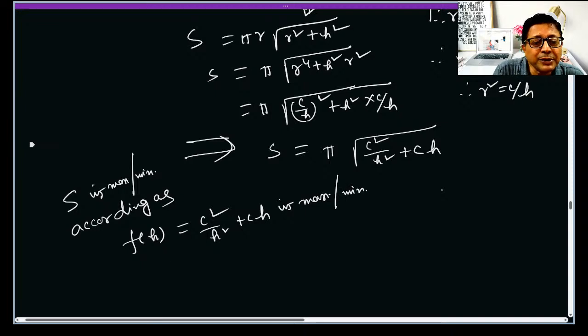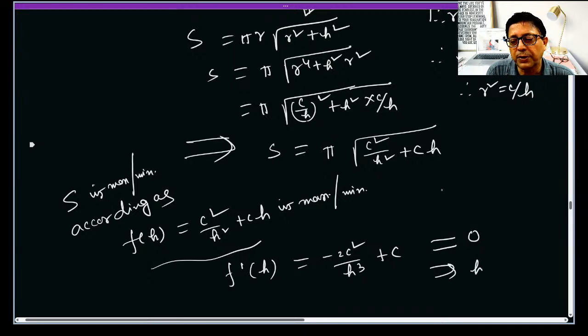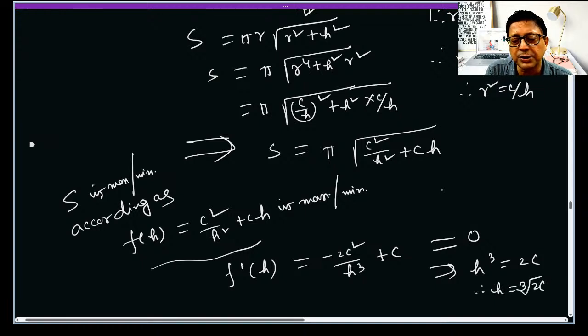So we differentiate this part only. F dash H equals zero implies H cube equals 2C.